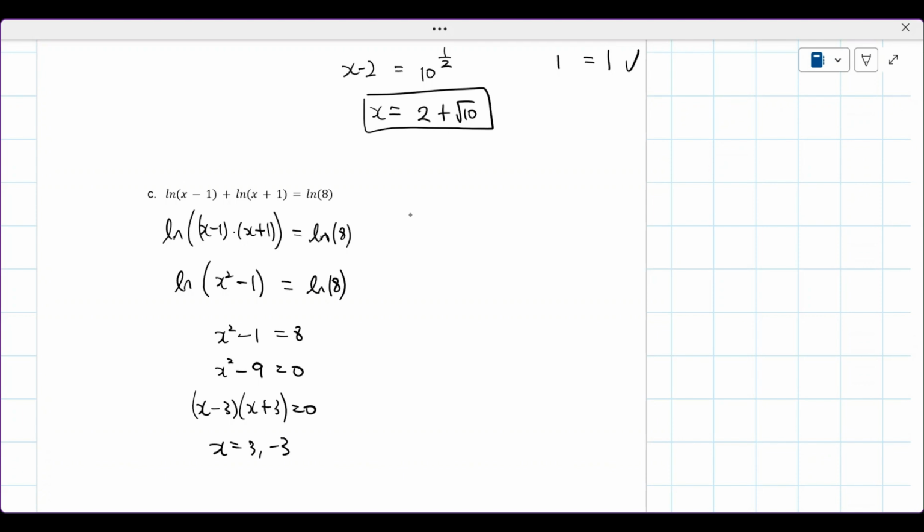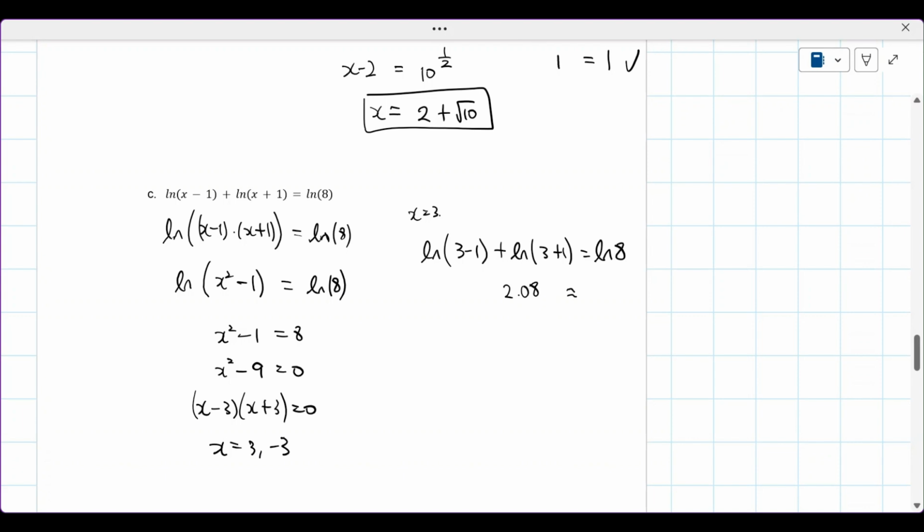So let's first check that x equals 3 is the correct answer. ln of 3 minus 1 plus ln of 3 plus 1 is equal to ln of 8. Let's check using the calculator. ln of 3 minus 1 plus ln of 3 plus 1 is approximately 2.08.